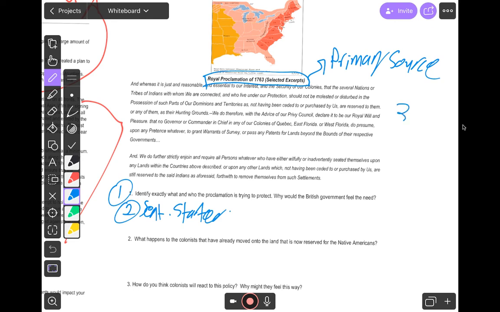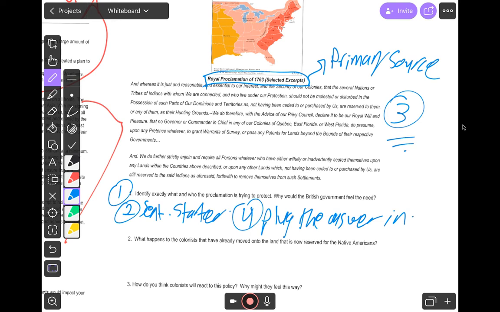Then we're going to go back to the text and underline as we find information. Then we're going to plug the answer in. One thing that's a little different, this last question is more opinion based. Make sure you're explaining your opinion, making it clear why you believe the answer you have chosen.